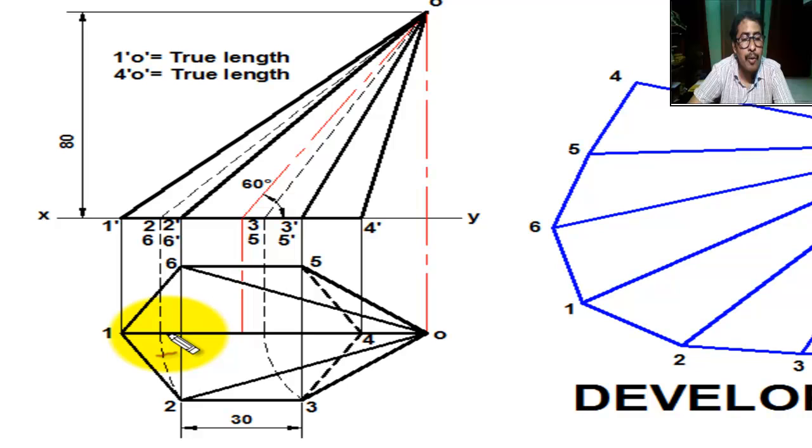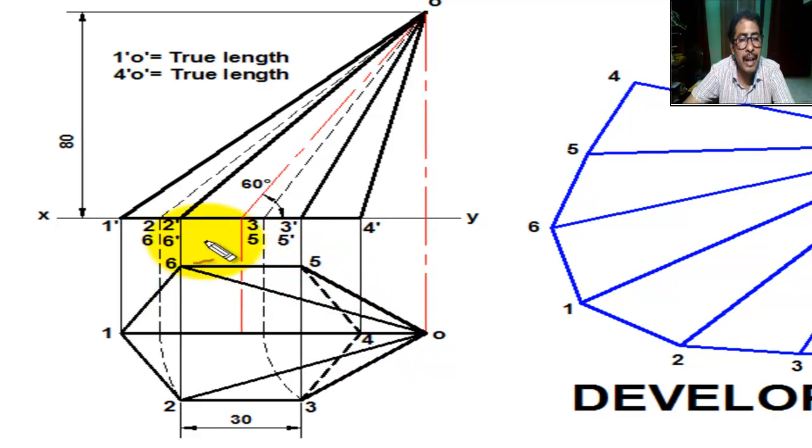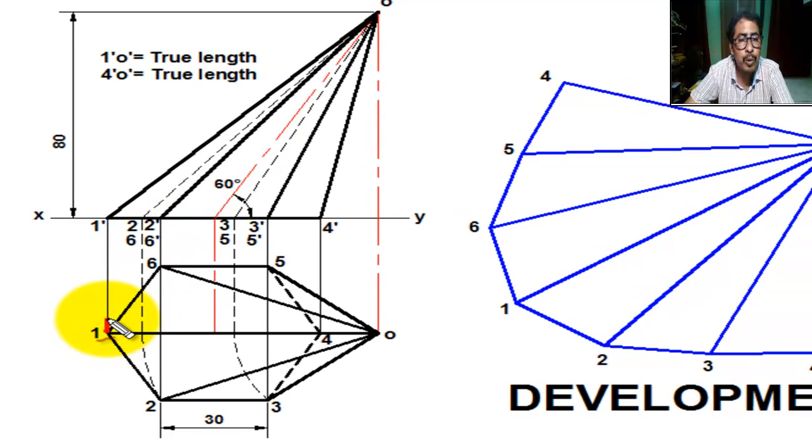Now from 1, 2, 3, 4, 5, 6, draw the vertical projection lines. From 1, draw vertical projection line up to XY line. From 2 and 6, draw vertical projection line up to XY line.